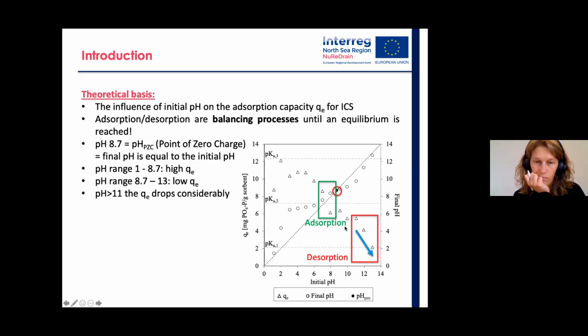This is this pH, 8.7, and this means at this pH the charge on the surface of the granule is 0, and it means all pHs above 8.7 are okay for desorbing, and at all the pHs that are less than 8.7, adsorption can take place.